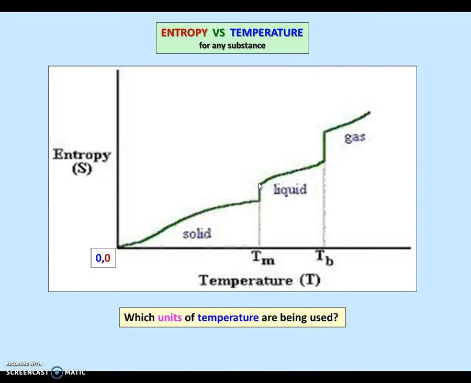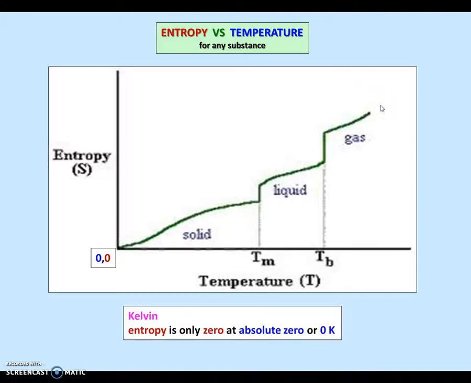The entropy increases as you're going from the solid to the liquid, so when you're melting, and then the liquid increases its entropy again gradually till you get to another point where the liquid becomes a gas, i.e. boiling point, and the entropy rockets, and then the entropy slowly increases again in the gaseous phase. The units of temperature are Kelvin because we've got 0 entropy.